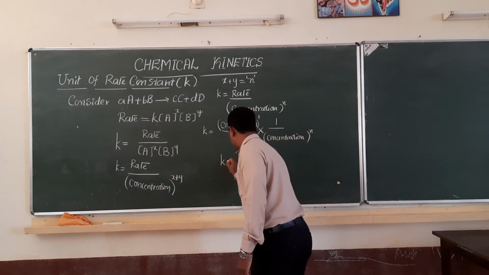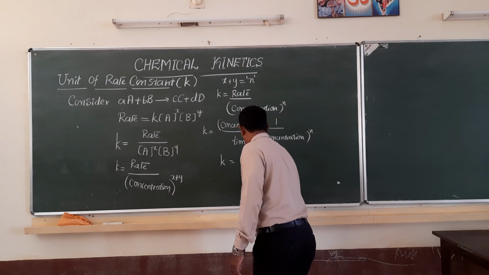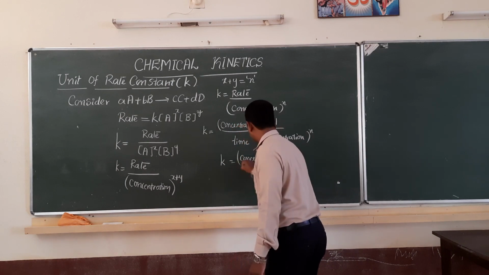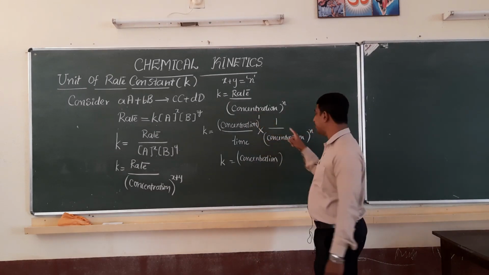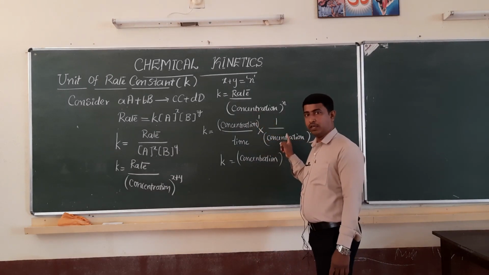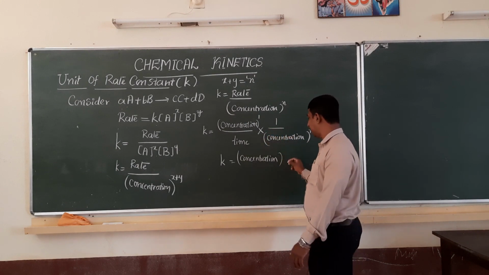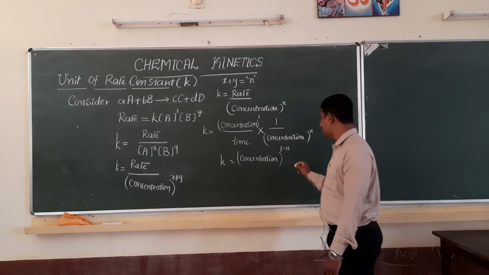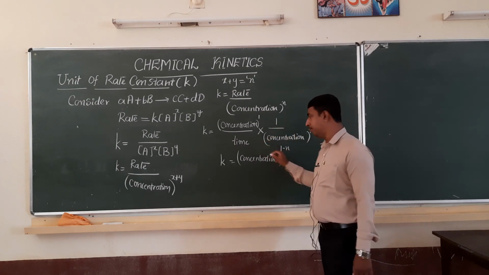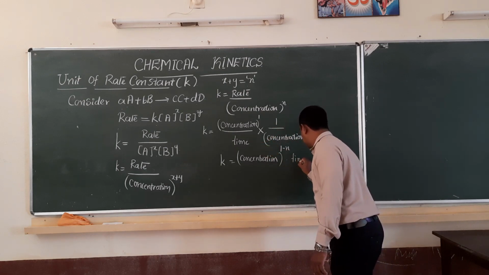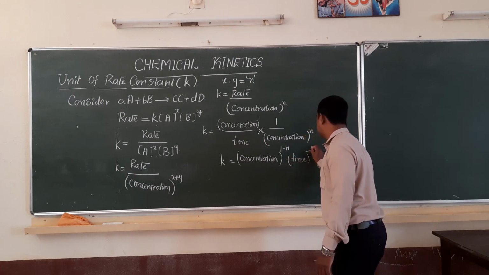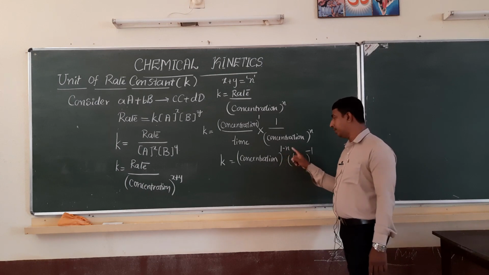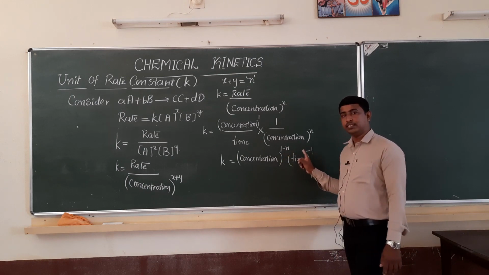So our K is equal to concentration term to the power 1 minus n, times 1 by time. Using a to the power x divided by a to the power y equals a to the power x minus y, this gives concentration term power 1 minus n, time power minus 1.